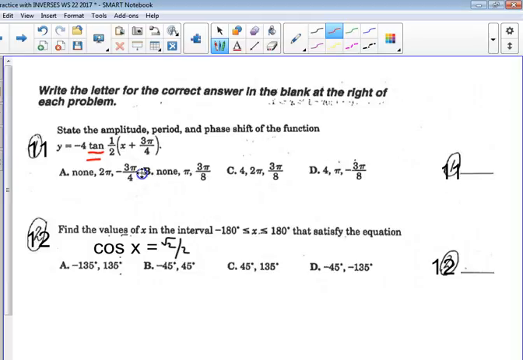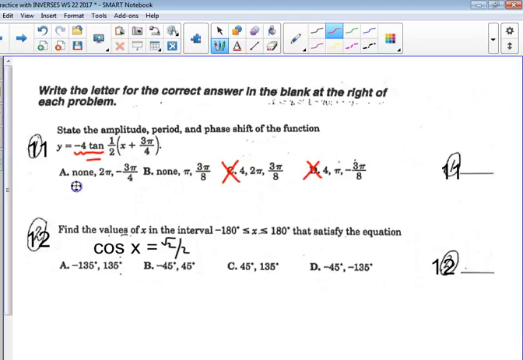All right, what is this -4 doing to the tangent graph? Flipping it, and it's stretching it, but is it the amplitude? Tangent has no amplitude, remember? Because tangent goes up and down forever. Are we good? So we need one of these that has none.